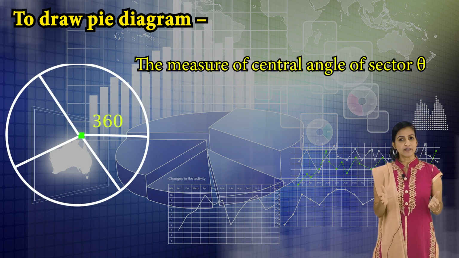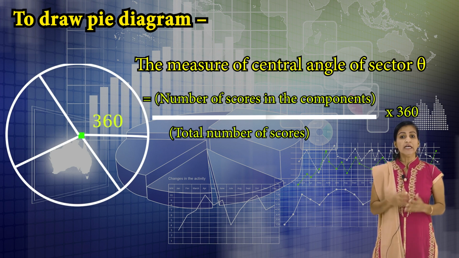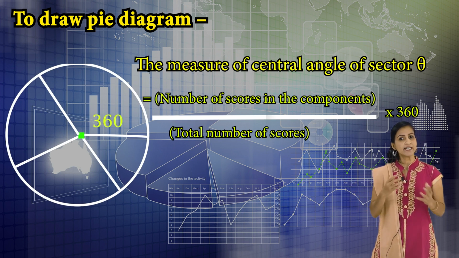The measure of central angle of sector theta is equal to number of scores in the component upon total number of scores into 360. Now a circle of a suitable radius is drawn. Then it is divided into sectors such that the number of sectors is equal to the number of components in the data. Students, let us understand the method through examples.